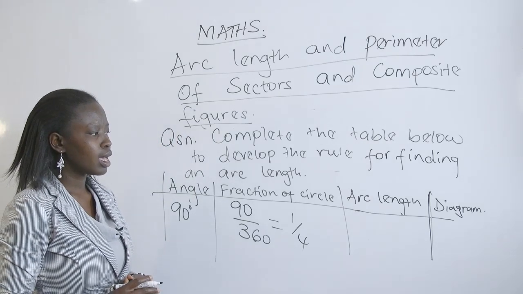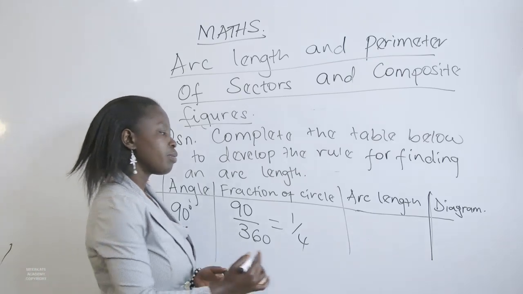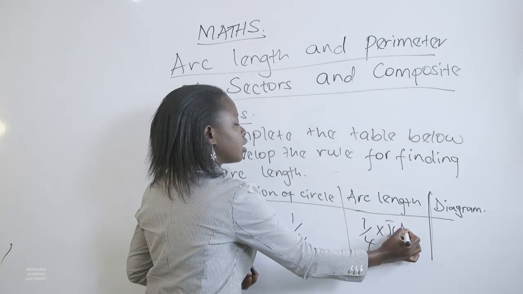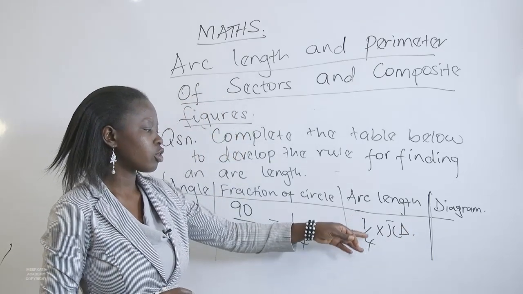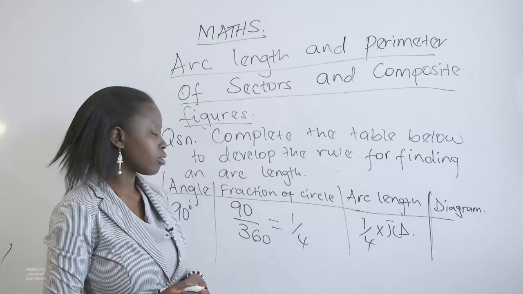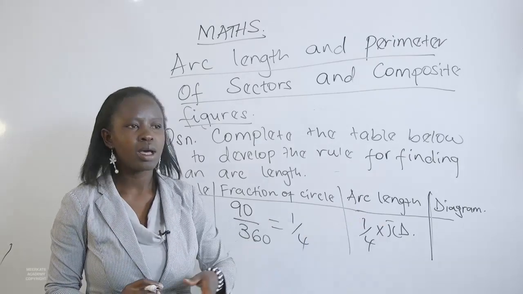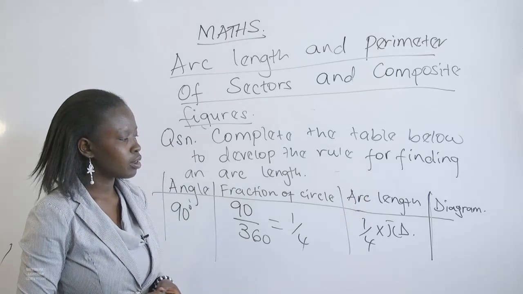So an arc length will be obtained by 1/4 multiplied by pi d. So the fraction that is representing 90 degrees in that case is 1/4, and our arc length will be obtained by 1/4 times pi d.